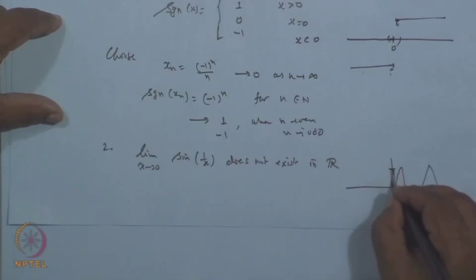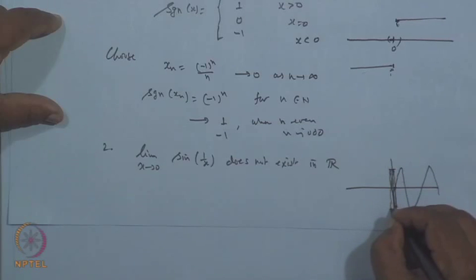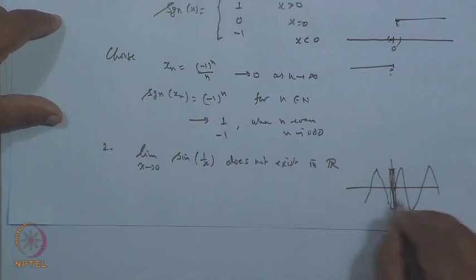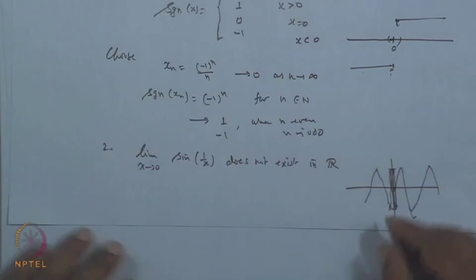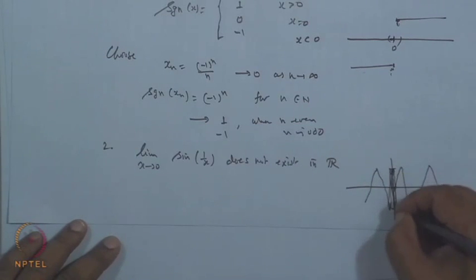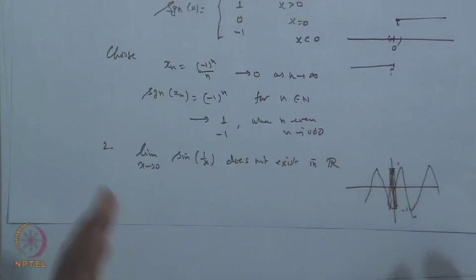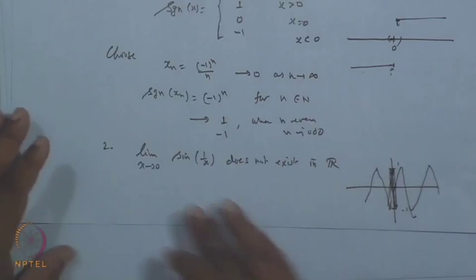Nearby 0 it keeps on jumping, going up and down like this. So we get the fluctuation, and the fluctuation is very thick around the point 0.